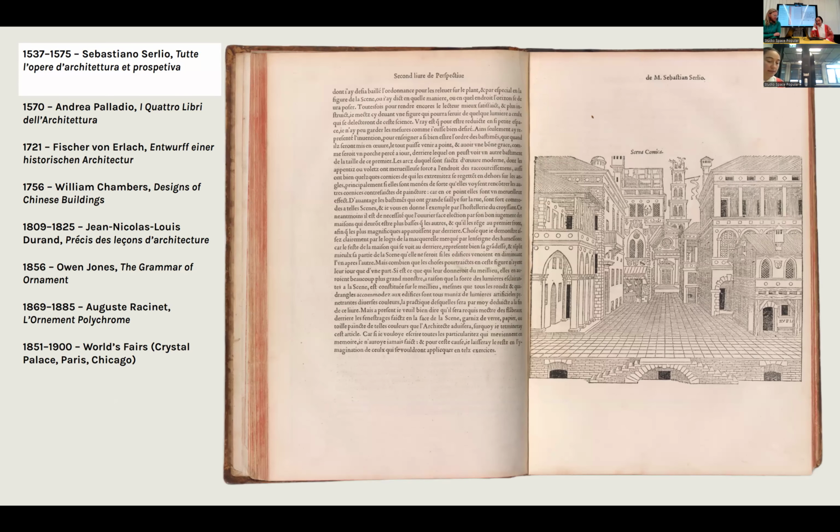What is really interesting or significant about Serlio's book on architecture, and specifically the one that is on style, is that it was the first book on architecture in Europe that was actually written in Italian, a lay language, a language that people spoke, as opposed to Latin.